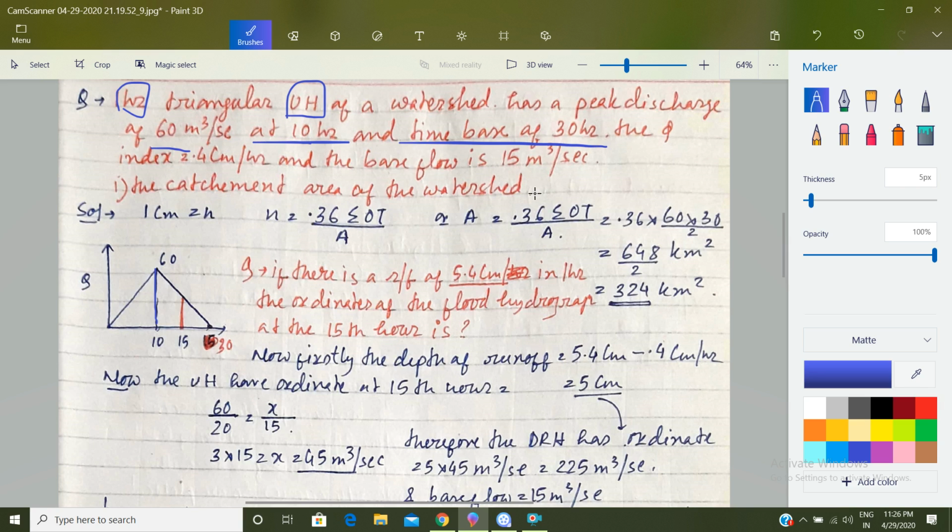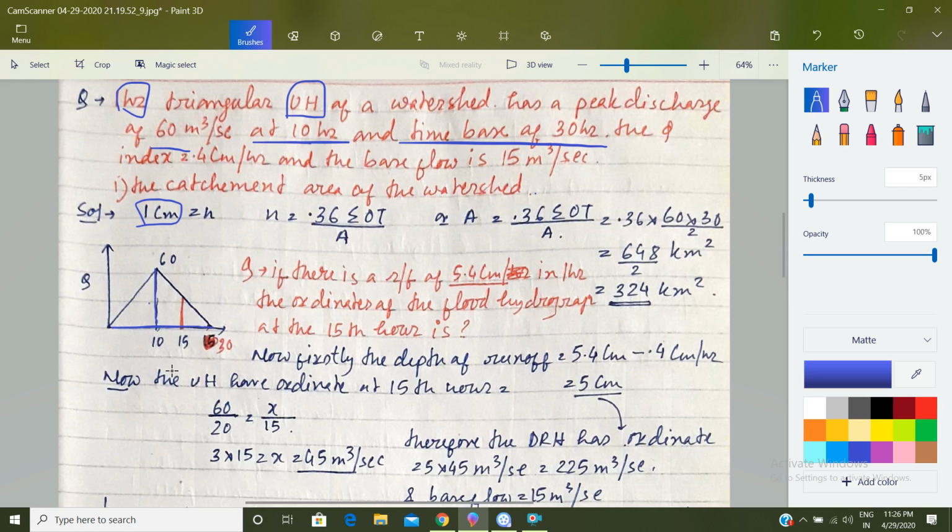The catchment area of the watershed will be, we need the area. Now see, we have the depth there, and we have a triangle here. So we need to calculate the area: volume divided by depth will give the area, isn't it? The area of this triangle means half into base into height. Height we know as 60 meter cube per second, and the time base is in hours, so we have to convert this also into seconds.